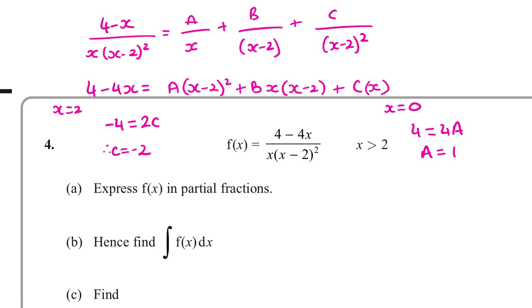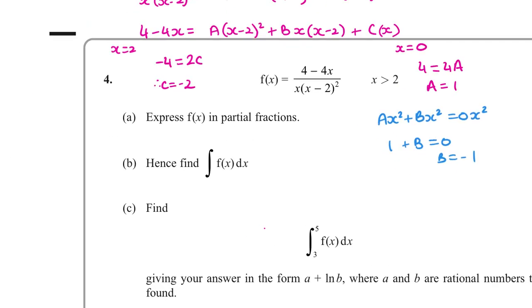So if I think bx, when I multiply this, I'm either going to have bx squared or minus 2bx. And on this side, I know that ax squared plus bx squared must equal 0x squared. So obviously, if I have 1 plus b equals 0, b must equal negative 1.